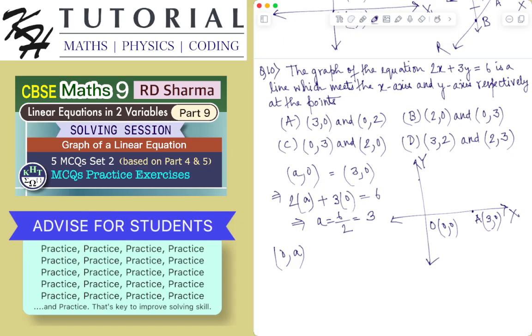So we must have twice into 0 plus 3 into a is equal to 6. So this implies a is equal to 6 by 3, which is equal to 2. So the point B, where the graph of the equation is intersecting with the y-axis, is 0 comma 2.